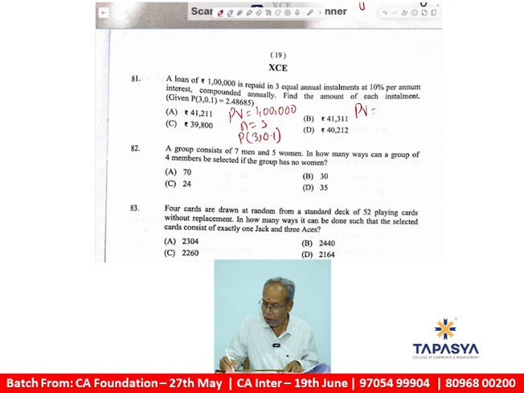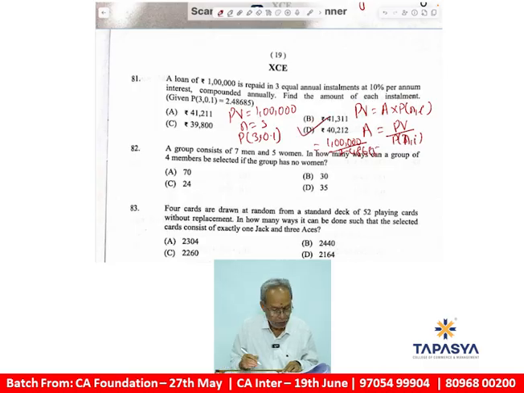So we have the formula A into P of N comma I. So from this A is equal to P by P of N comma I. Dividing, you will get 1 lakh divided by 2.48685. You will get approximately the D value.